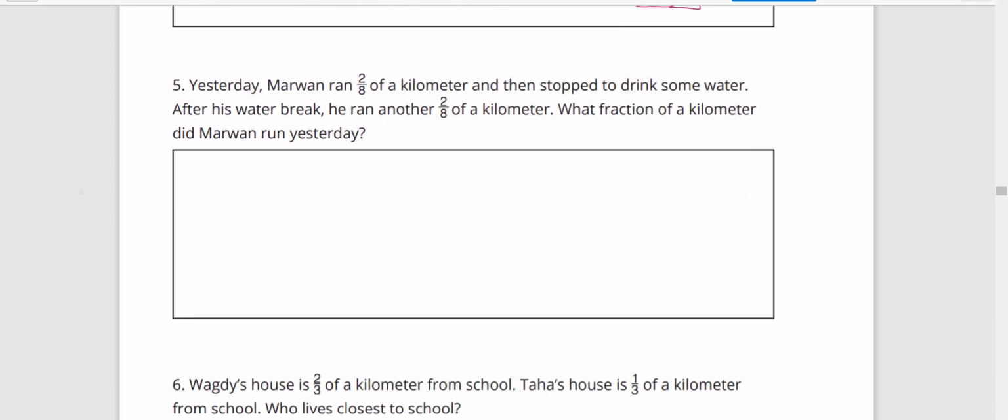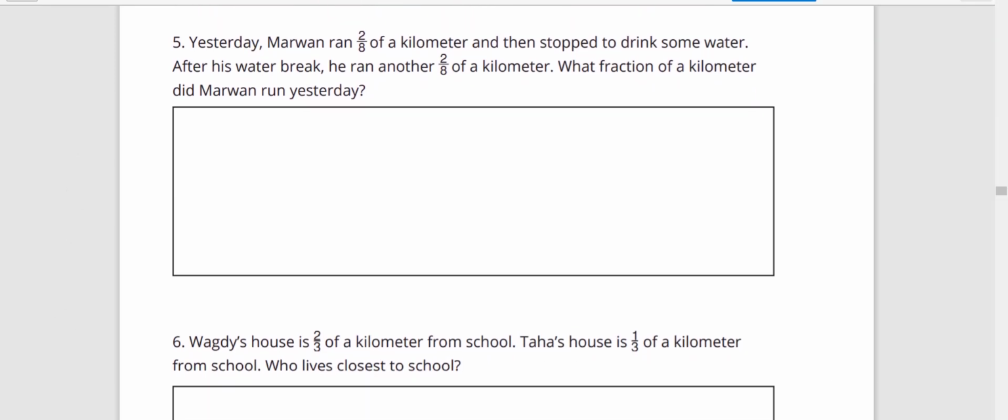Number 5, yesterday Marwan ran 2/8 of a kilometer and then stopped to drink some water. After his water break, he ran another 2/8 of a kilometer. What fraction of a kilometer did Marwan run yesterday? First, 2/8 plus 2/8 equals what?